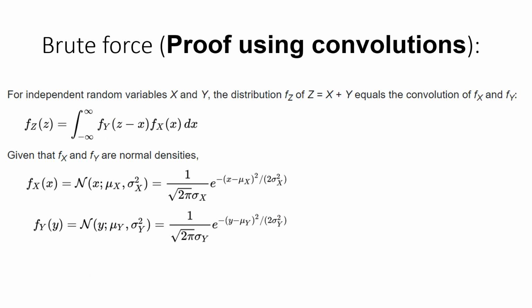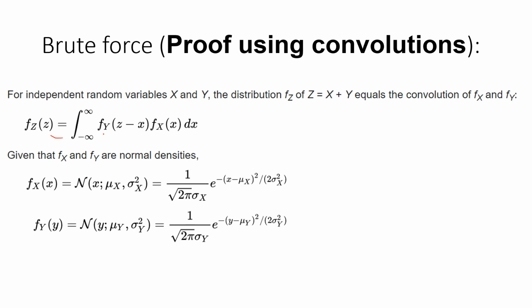Another is using brute force. We know that Z equals X plus Y has the distribution f_Z(z) equals the integral of f_Y(z minus x) f_X(x) dx, from negative infinity to infinity.